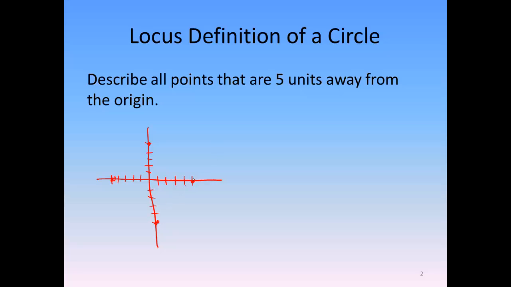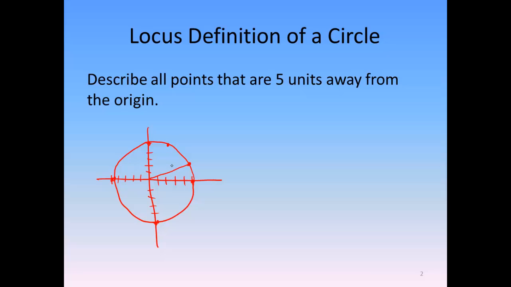Now, if I were to connect these 4 dots, it will be something like a really bad circle. But the 4 dots I plotted aren't the only ones that are 5 units away from the origin. This dot here is 5 units away from the origin, measured this way.